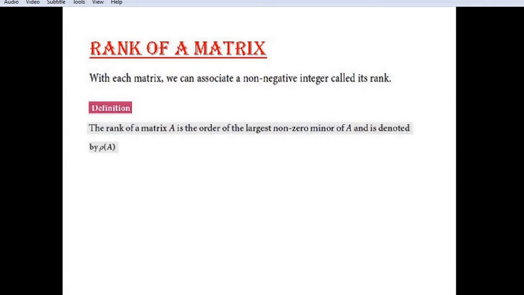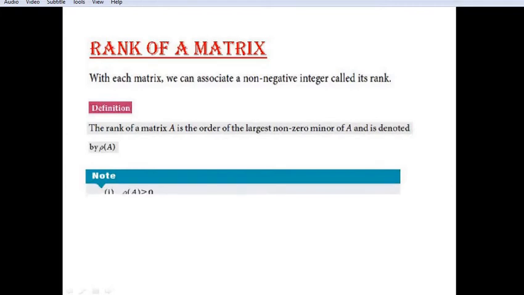The highest, largest non-zero minor: we have to find the minors, and the largest order of a non-zero minor is known as the rank of the matrix, represented by ρ(A).